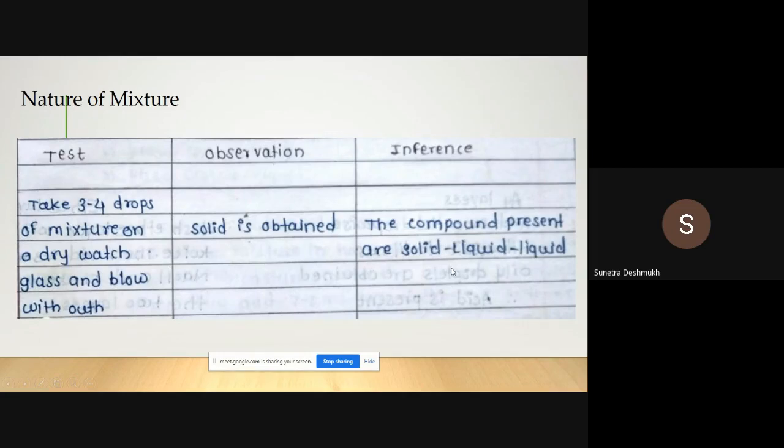So the component present is solid and liquid. Here it is a little bit confusing. If solid plus liquid is there, then also it shows semi solid. You can see by your naked eyes that this mixture is semi solid. So right here your mixture is solid and liquid.